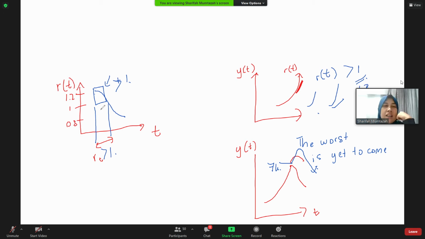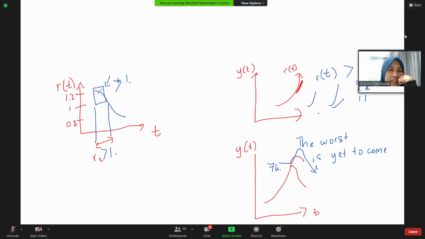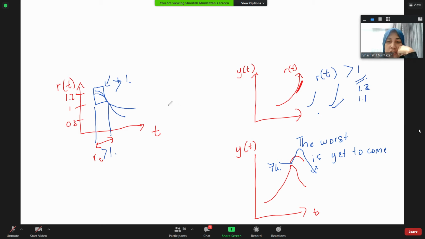If RT decays very slowly, it will take a longer time before it goes down. You see what I'm trying to say? The thing is that it will get worse. So now I'm going to relate this to the fact that currently we are here, and ICU utilization is more than 100%. If it goes any further, what do you think it will be?